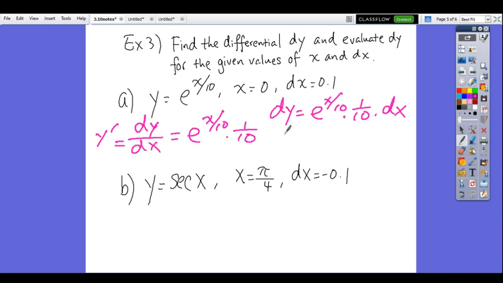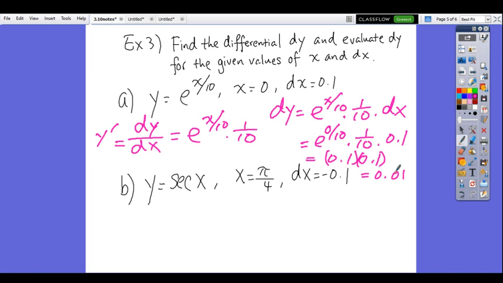Just imagine it like a variable, and we try to isolate it. And then plug in the value of x, so e to the power of 0 over 10 times 1 over 10 times dx, 0.1. So e to the power of 0 is 1. 1 times 1 over 10 is 0.1. So it's 0.1 times 0.1, which is 0.01. And that's the differential of dy.